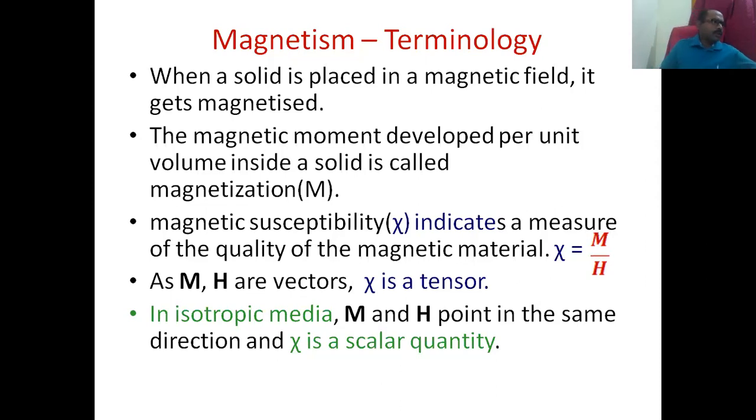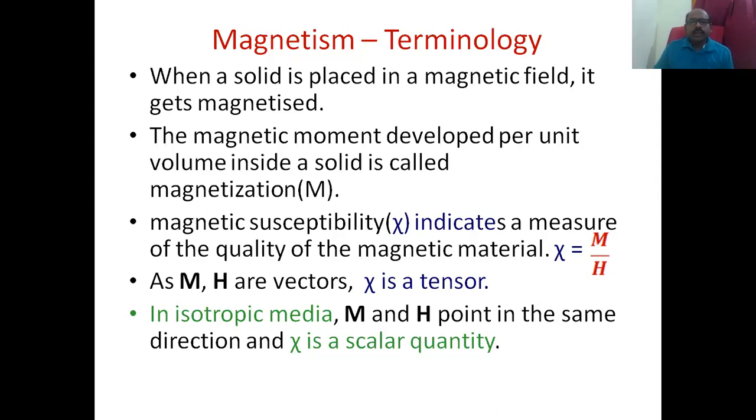Magnetic susceptibility, it is represented with Xi, and it indicates a measure of the quality of the magnetic material. So how much it is magnetized.